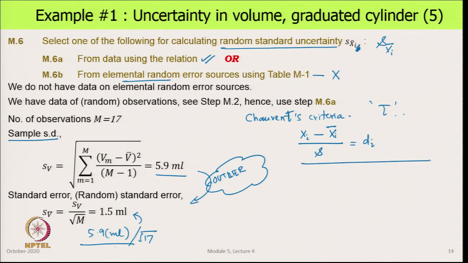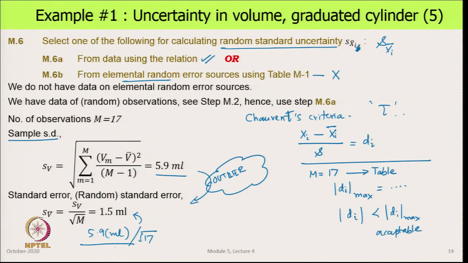So, that is half of the story. Then we say that I have a number of readings, in this case m equal to 17. We go to the table of Chauvenet's criterion and figure out what is the maximum possible deviation to be expected. So, d I max is some value, which means that all our d I which are less than d I max are acceptable.